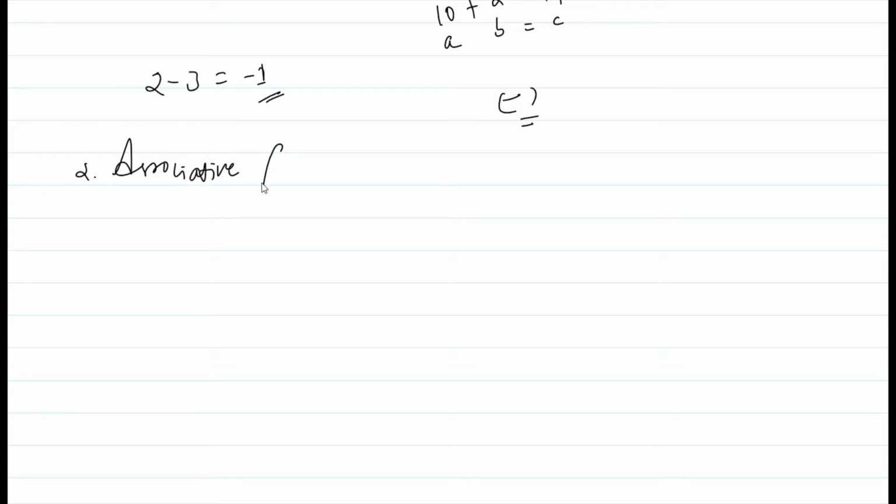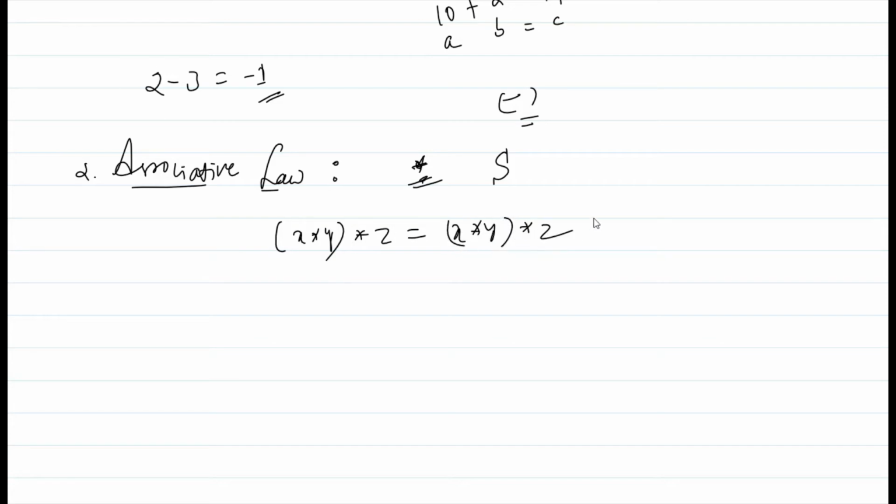Associative law is there. Here the associative law states that a binary operator star, here this is the operator, on a set S is said to be associative whenever (x star y) star z is equal to x star (y star z), for all these elements x, y, z that belong to S. This is the definition of the associative law.